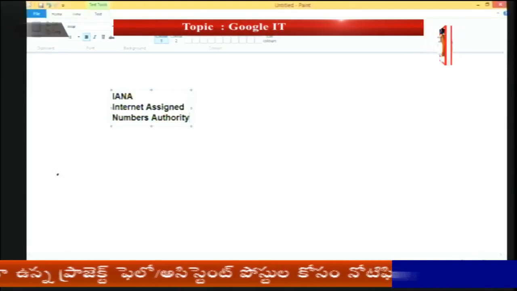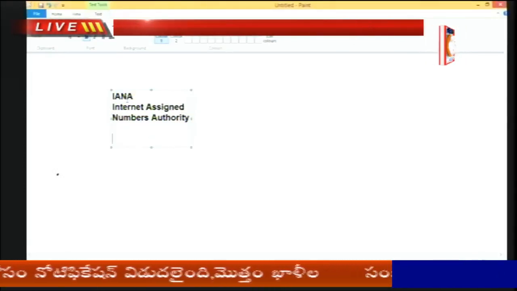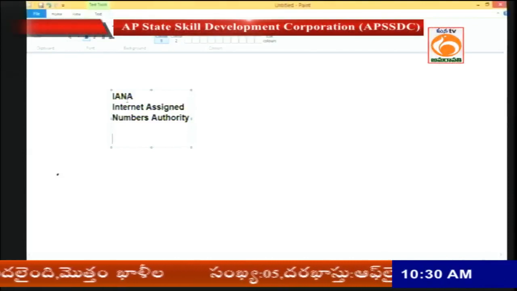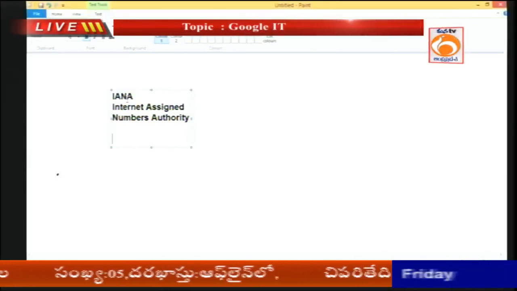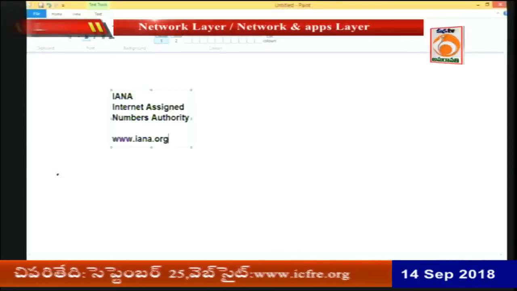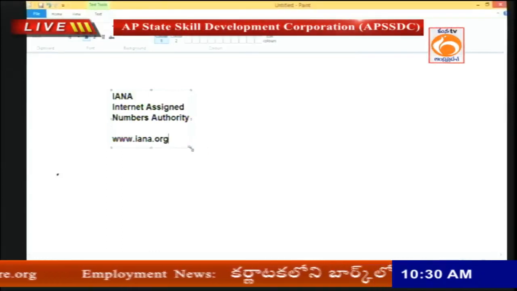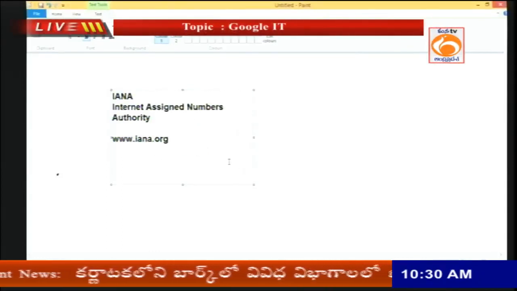This is the global organization which allocates the IP addresses to the global users. You can also visit the website www.iana.org to get more details about how these IPs are allocated and the different classes, etc.